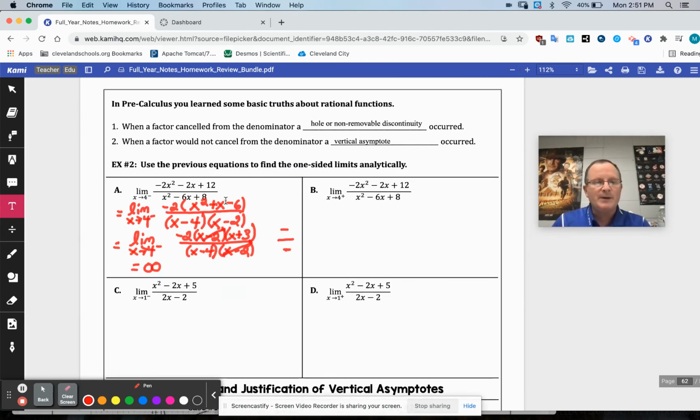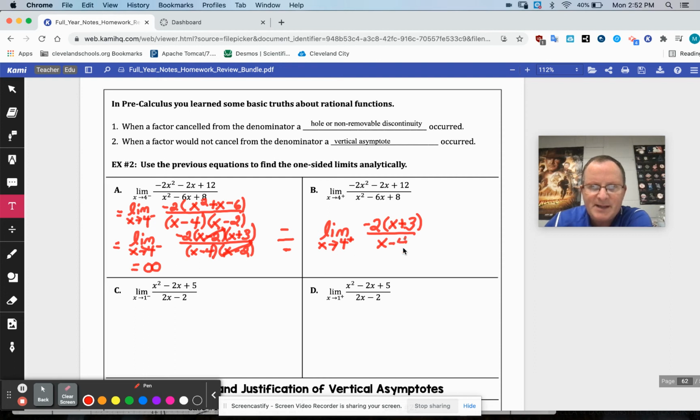Now, likewise over here, now that I've done a lot of work, I can just pick it up at this point, since I've already done all the factoring. As x approaches 4 from the right, it's the same thing: -2 times (x plus 3) over (x minus 4).